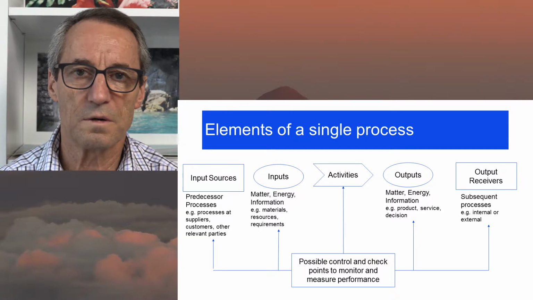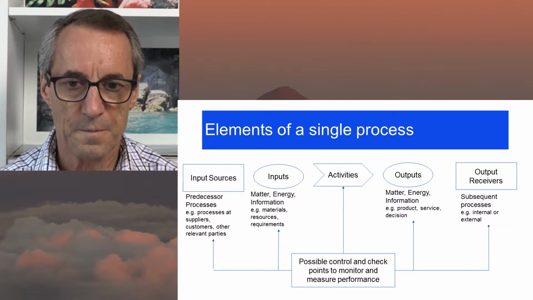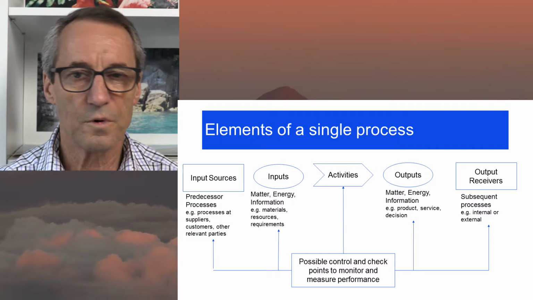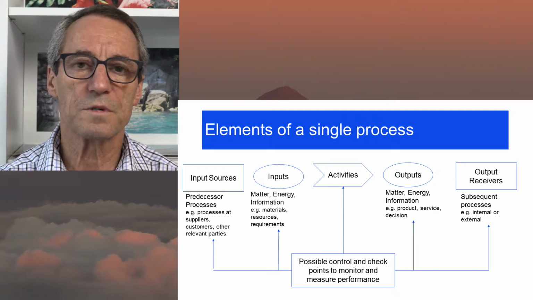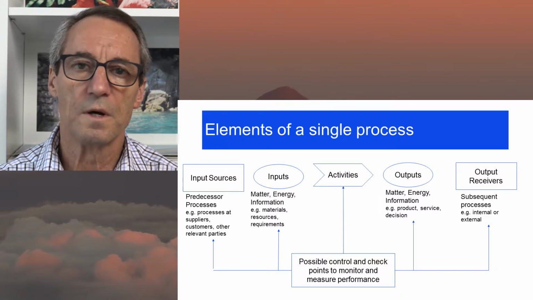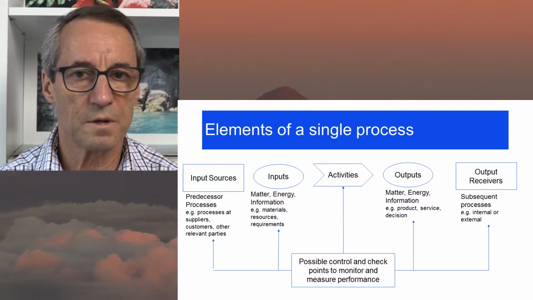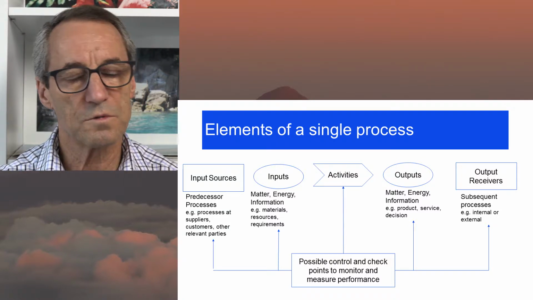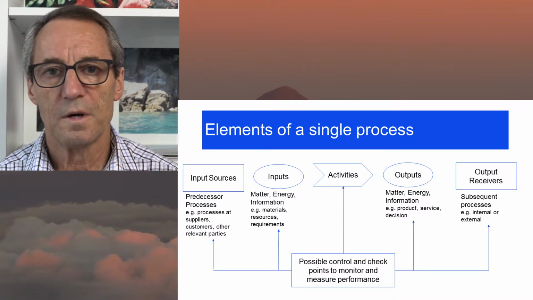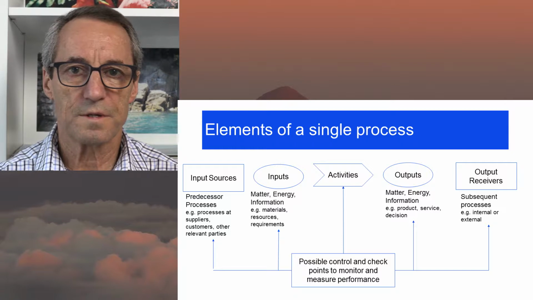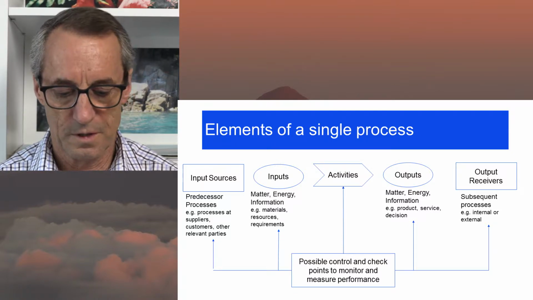As I say, there are time constraints or budgetary constraints, the organization policies on how things get done, that kind of thing. The process will produce some kind of outputs that will go to some kind of consumer of those, which may be another process or another part of the organization, or might even actually go to the final customer. But that's the general idea or the general depiction of a process.